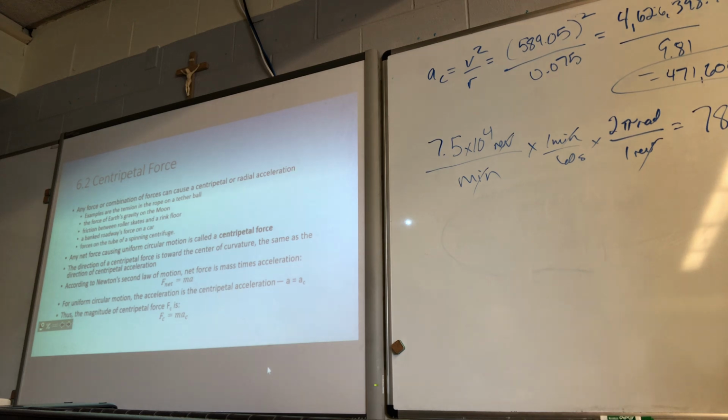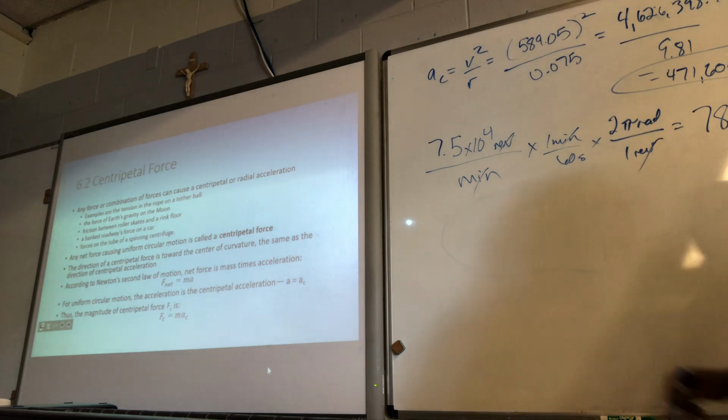Isn't there another formula with w squared times R? You could use that too. Once you have angular, you should get the same number, right? Did you still get the 4 million if you did it that way? Yeah. So you can do it that way as well. Do you understand, Jessica? Yes. Okay, thank you.